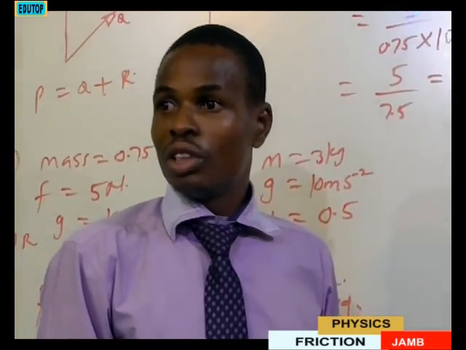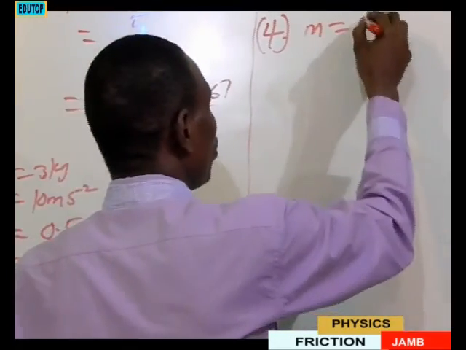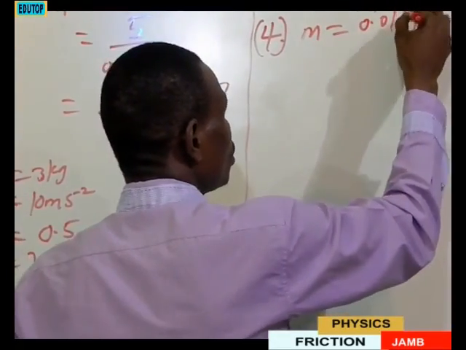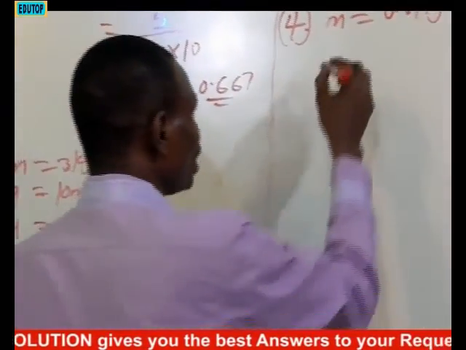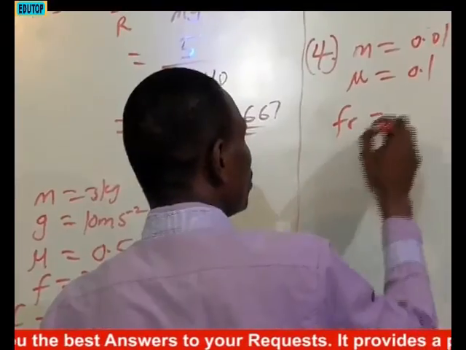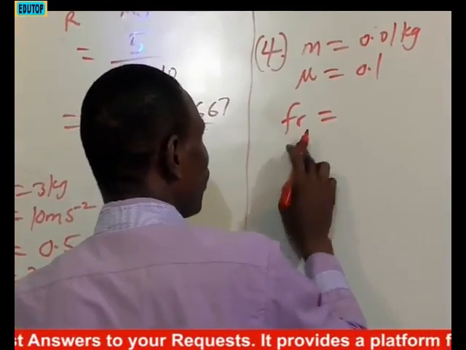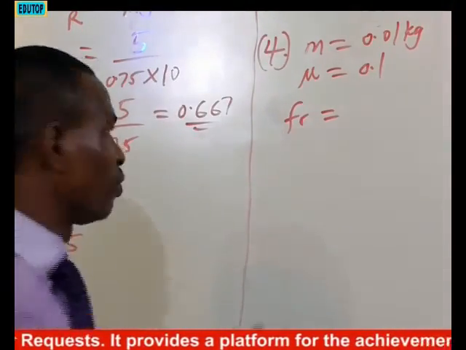We are given the mass of the bead, which is 0.01 kilogram. We are also given the coefficient of friction, which is 0.1. Because we have to calculate the frictional force, which is the work done. The question is to determine the work done by the friction.